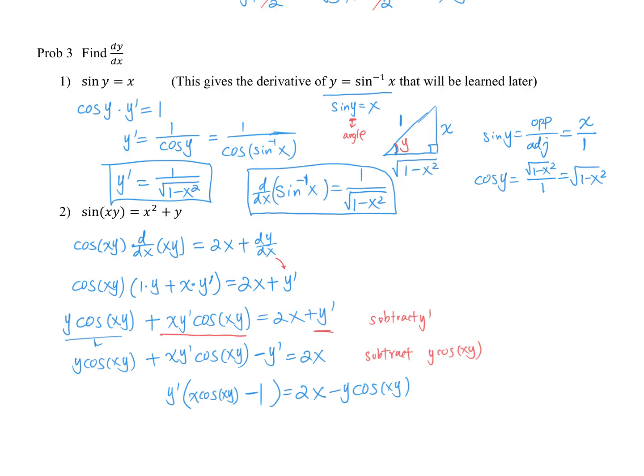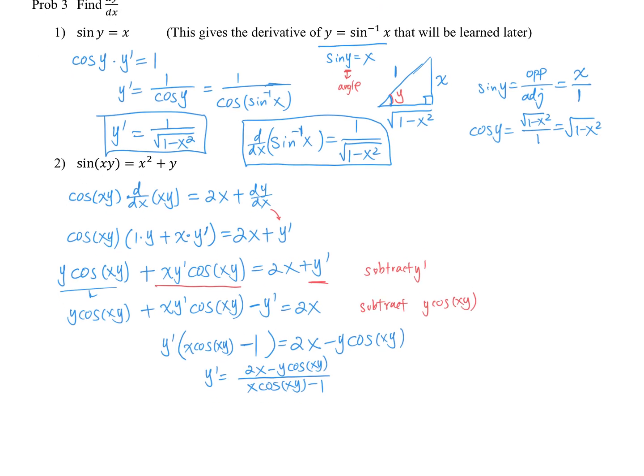Therefore, y prime is equal to 2x minus y cosine xy divided by x cosine xy minus 1. Well, it looks a little complicated. However, just think about it. Here, you really cannot solve for y, and you cannot use the traditional method to find the derivative of y, versus we have this approach to solve for y prime.